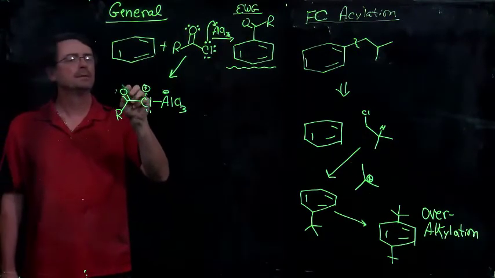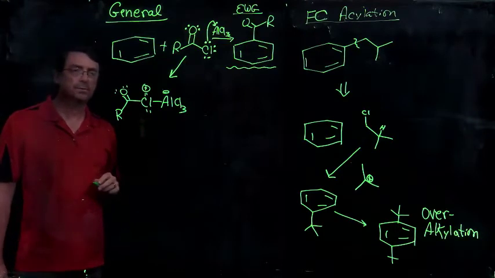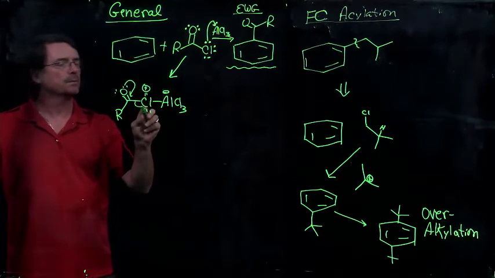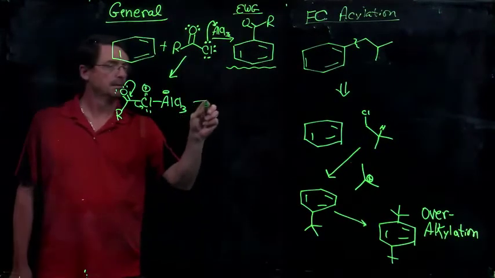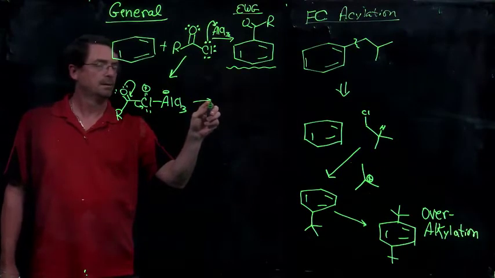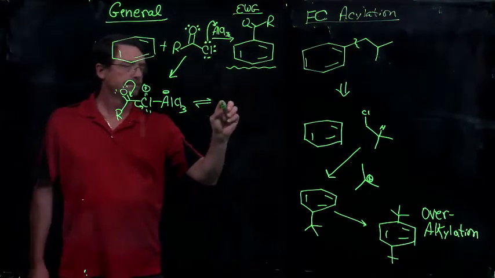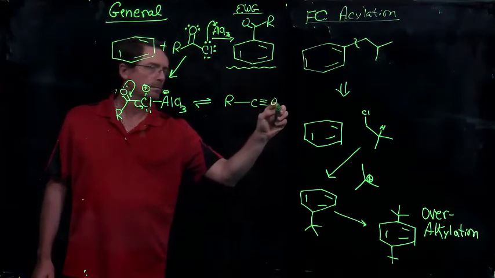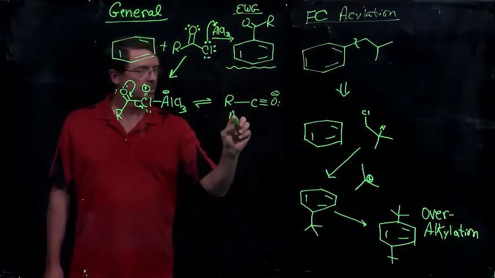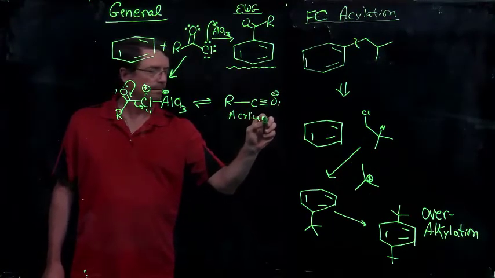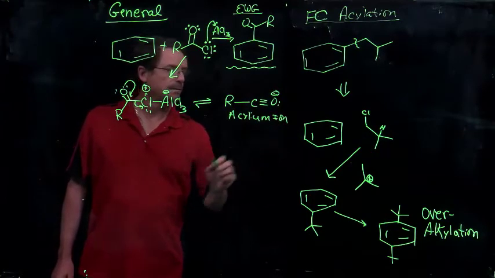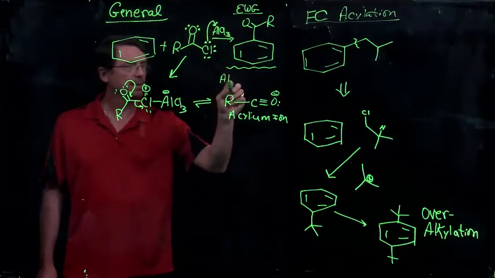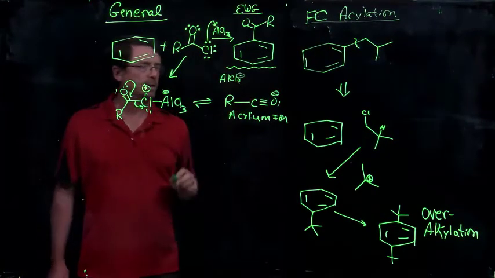Now, that oxygen has two lone pairs, and when the lone pair comes down and kicks out the chloride, it produces an acylium ion. And of course the counter ion here is as before, AlCl4 minus.